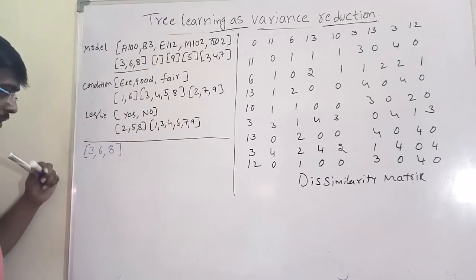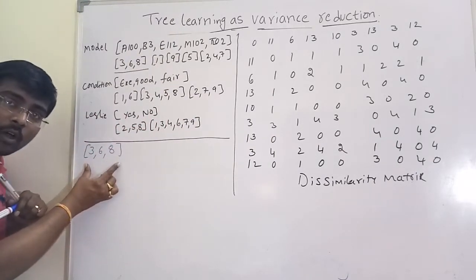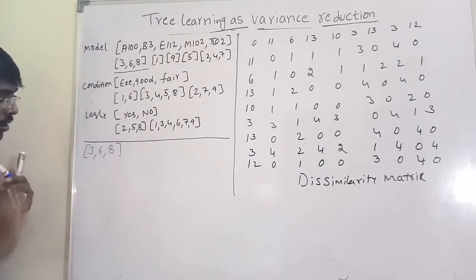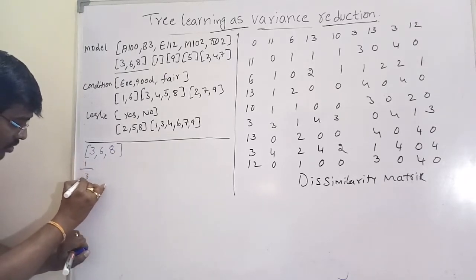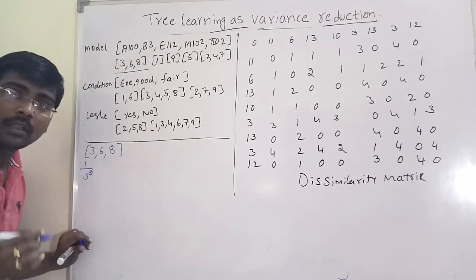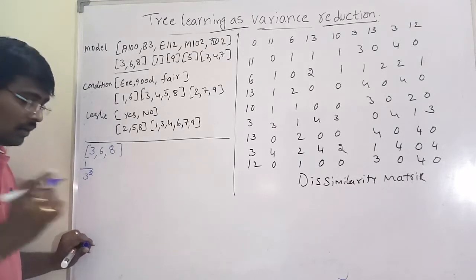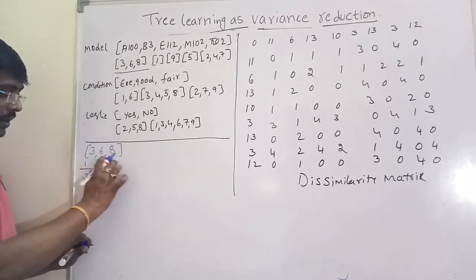For this one, for 1 by D square, how many elements do we have? We have 3 elements, so 1 by 3 square. Calculate the dissimilarity of each and every pair.